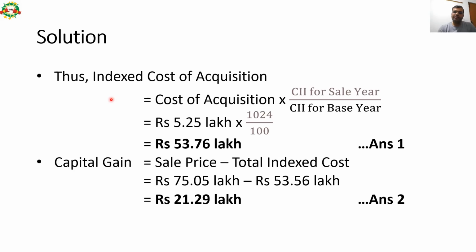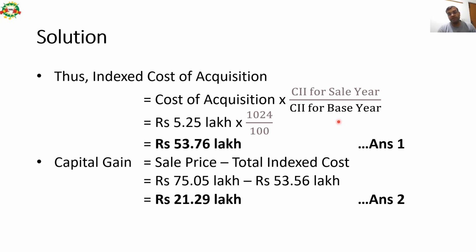Once we have decided upon the cost of acquisition, which is 5.25 lakh, we can easily calculate the index cost of acquisition using this formula, which we have already discussed in the previous slide. So here the cost of acquisition is multiplied by the cost index for sale year, which always remains the same under both the formulas. However, the cost index for base year will be taken, because here acquisition was done in 1972 and the base year is 81.